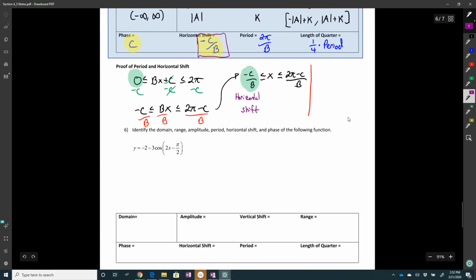The main thing you need to know is the phase is the shift of sine of bx, whereas the horizontal shift is the shift of sine of x.